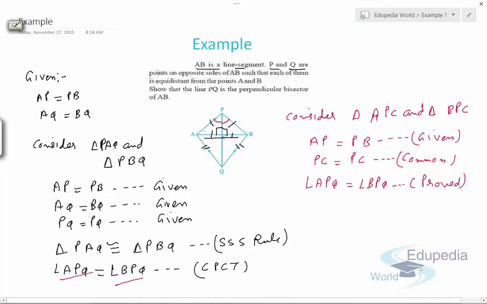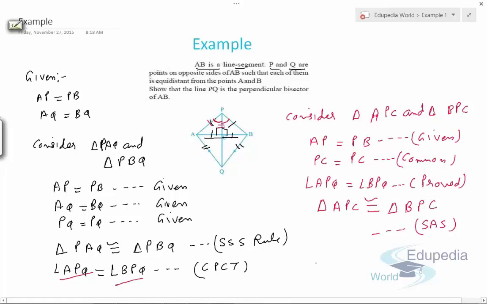So we have two sides and the included angle, and we can say that triangle APC is congruent to triangle BPC by SAS rule.